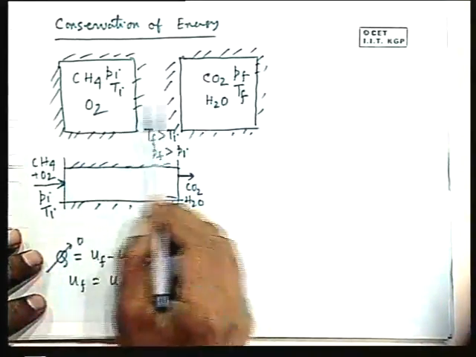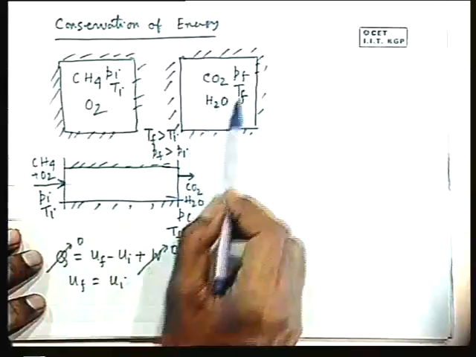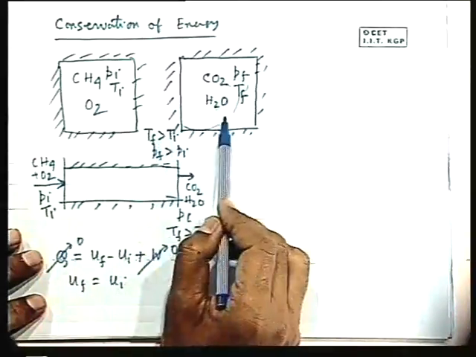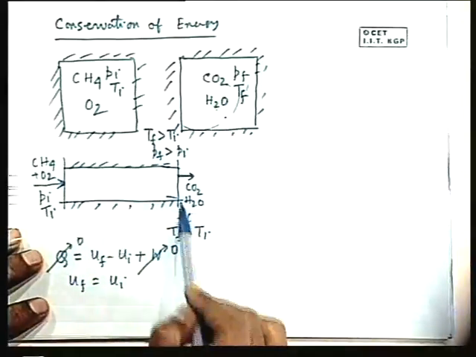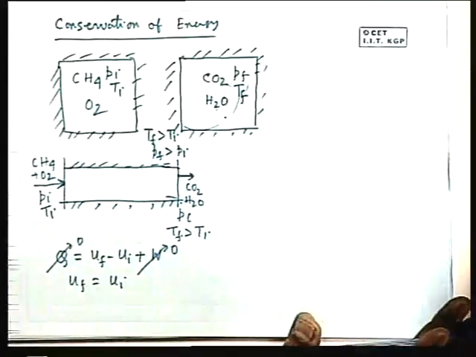But we see, though the internal energy remains the same, the state point changes. Here the temperature is more, pressure is more. Here the temperature is more even if the pressure is less. This is our common experience.